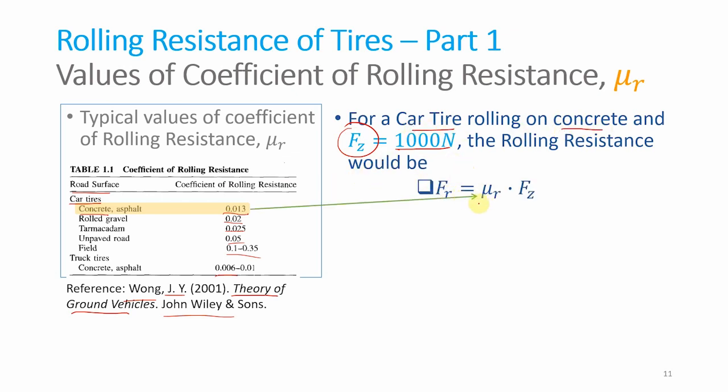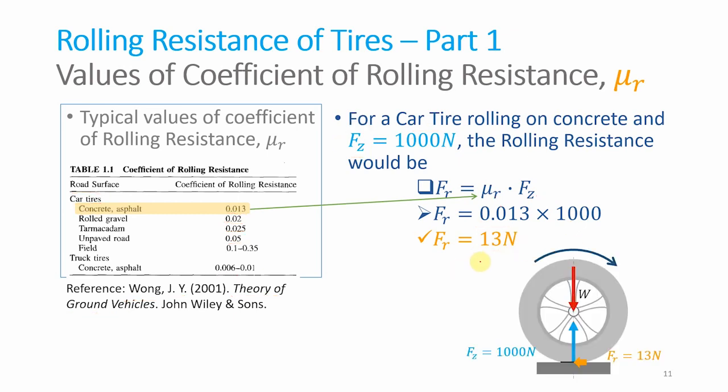Putting directly into this equation, we substitute this value for mu r, and Fz is 1000. We get Fr as 13 Newton. And note that for a normal force Fz of 1000 Newton, the rolling resistance we get is just 13 Newton. This is very important to understand.